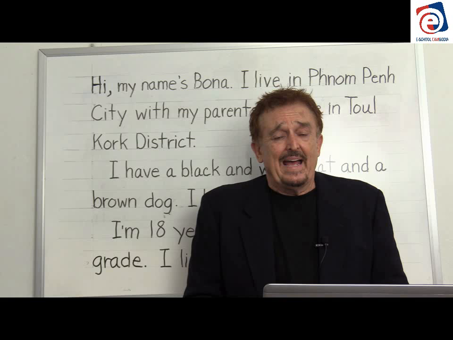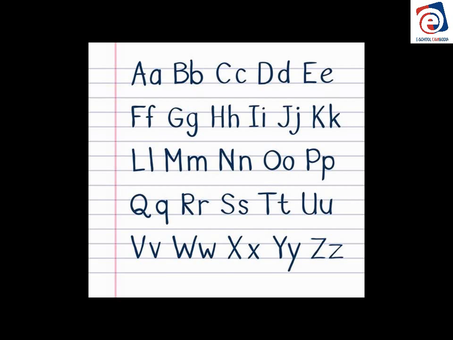So now look at the letters on your screen. This is how we write the English alphabet. The capital letters are big, about 2 times bigger than the small letters. The small letters are about half the size of the capital letters.